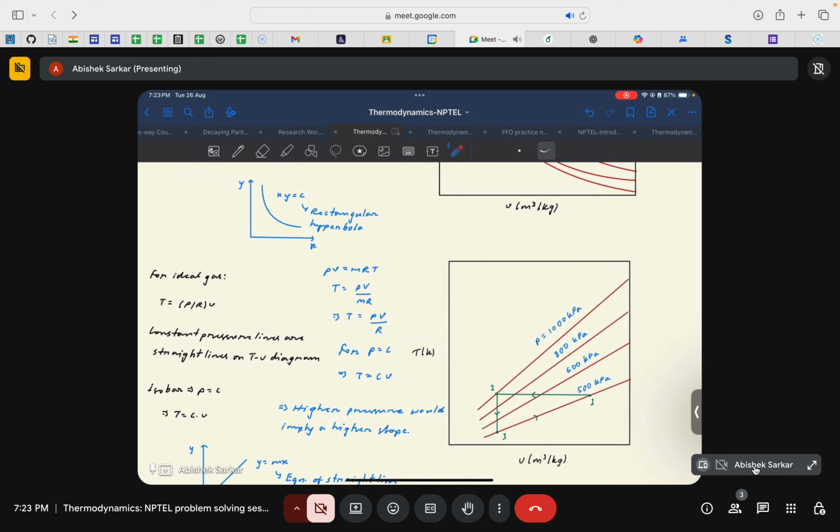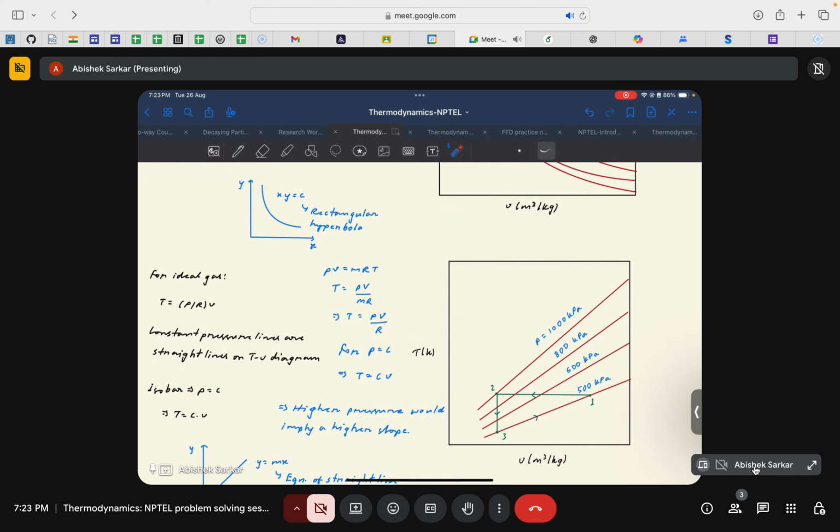So from this equation we can say that in a temperature-specific volume plot, the lines of constant pressure, or the isobars, would be straight lines, because this is an equation of a straight line. One more important thing to note is that even though these are equations of straight lines, the slope depends on the particular value of P. That is, there can be several isobars.